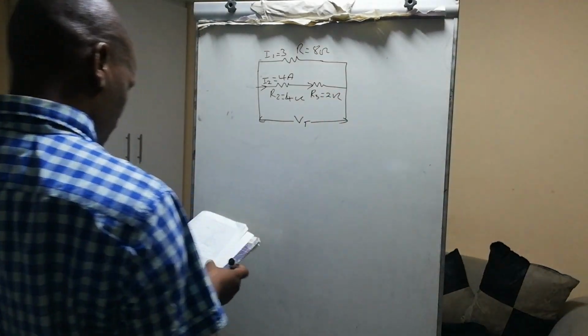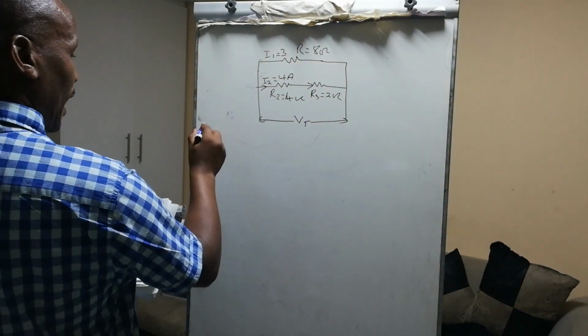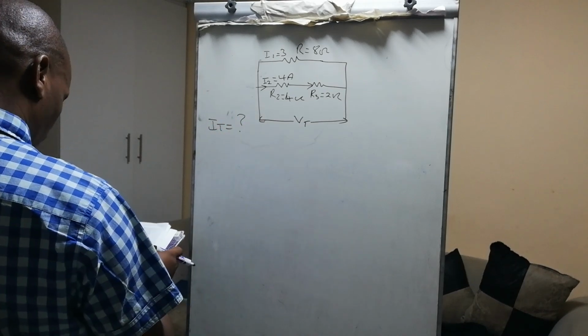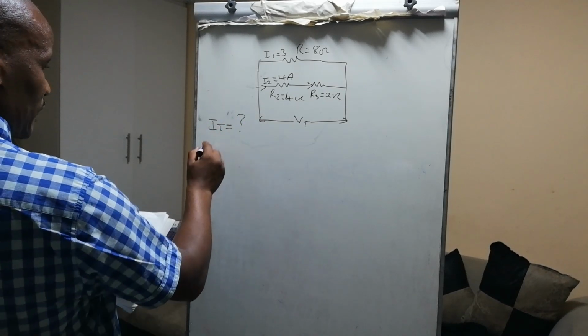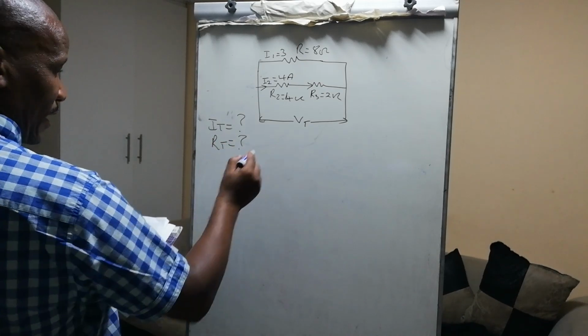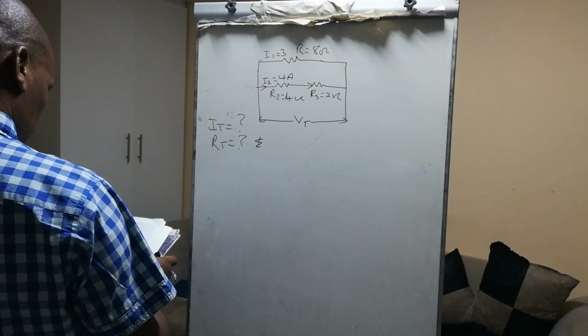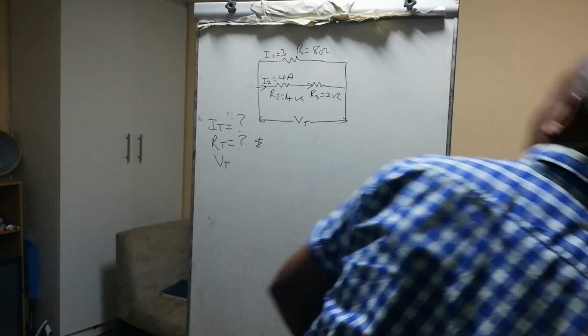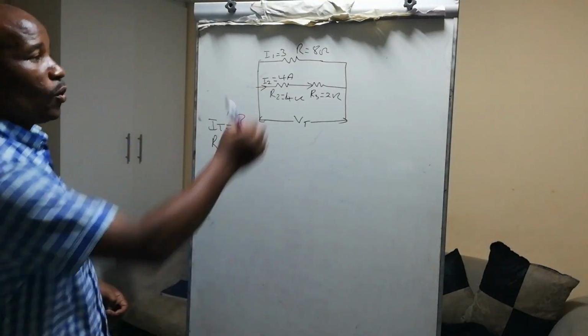And then they say calculate the total current flow, IT is equal to question mark, the total resistance of the circuit, RT is equal to question mark, and the supply voltage VT. That's basically what is given there.